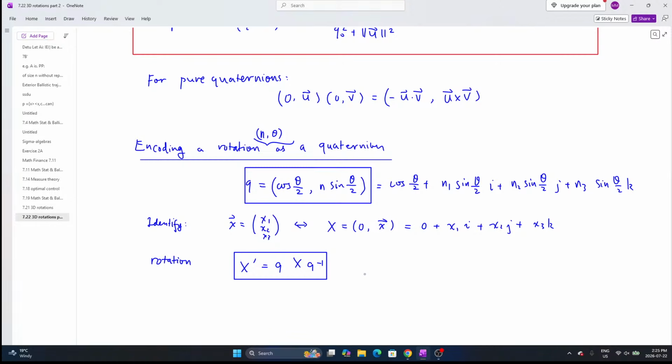So we need to show that x prime is 0 and the rotation by theta of x, basically.